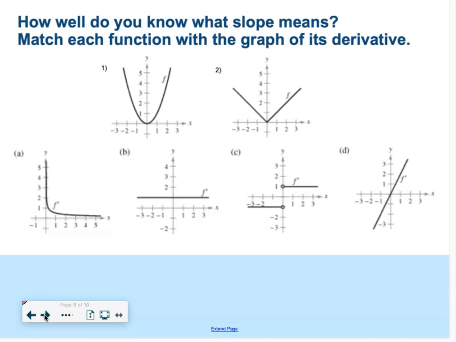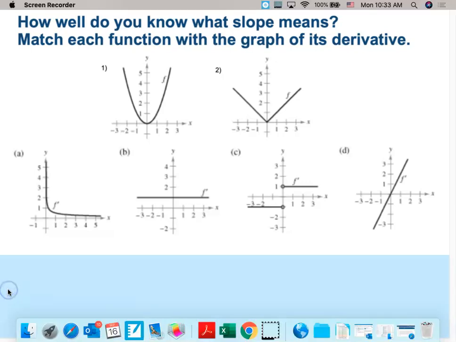Okay. So if a derivative gives you slope, I have 2 graphs up here. All right, this is number 1, this lovely parabolic curve here. This is number 2. You've got a linear function and another linear function. Kind of looks like an absolute value. Who knows, right? Okay, so I have 2 functions here.